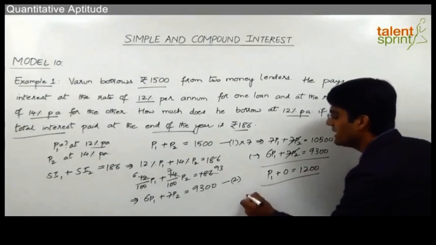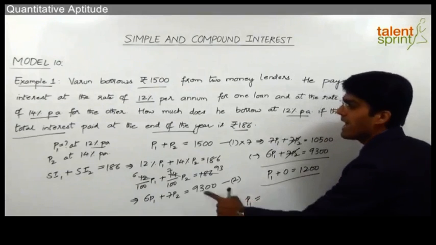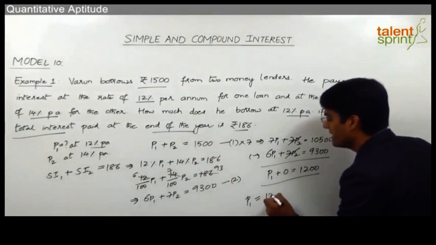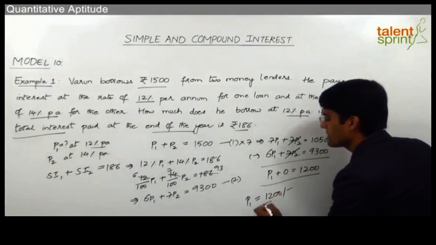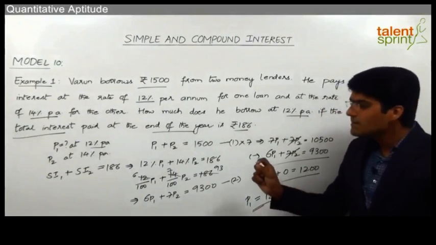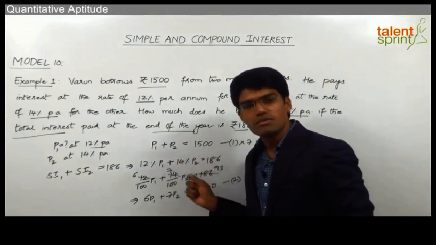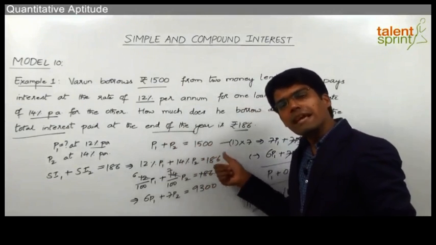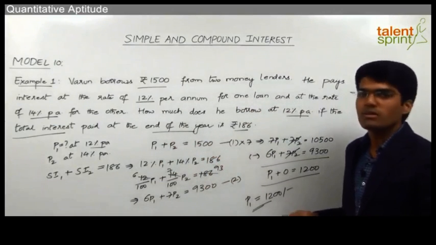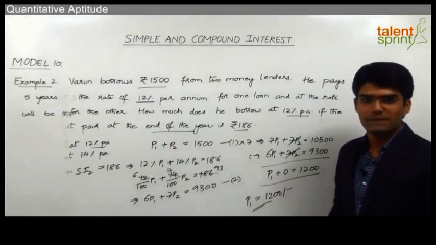So very clearly the amount borrowed at 12% per annum, P1, is equal to 1200 rupees. This is how you can frame the proper equations in terms of P1 and P2 and solve those two equations to find P1 or P2 respectively.